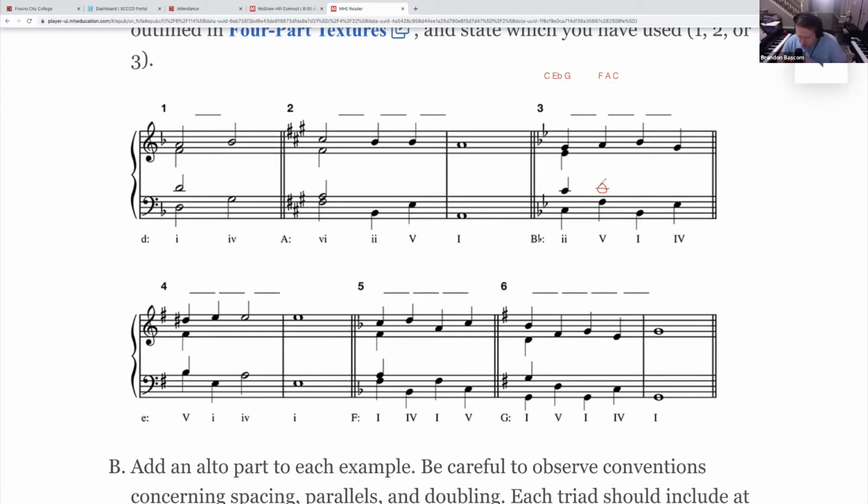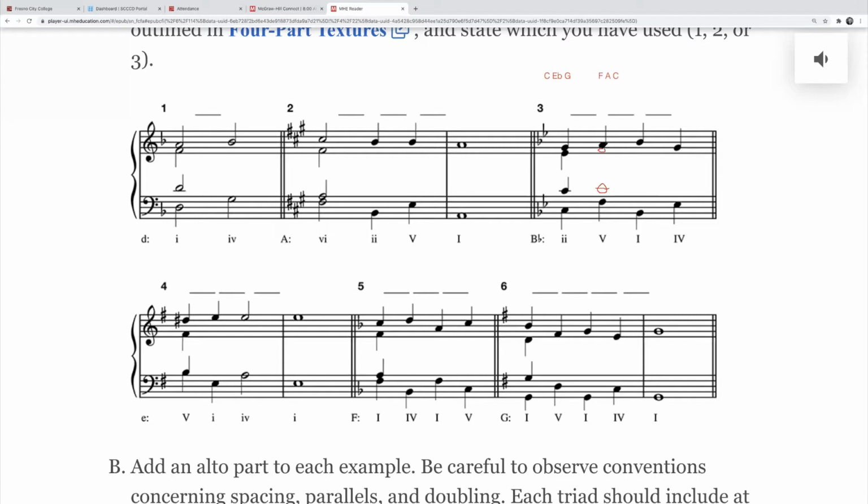We have all of our chord tones of our second chord, they're all there. And what else do we do? Go up to the F.